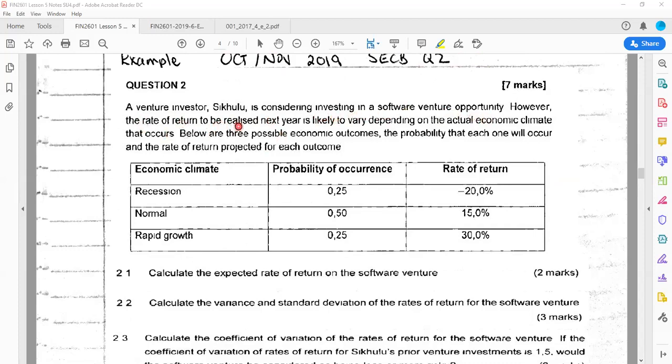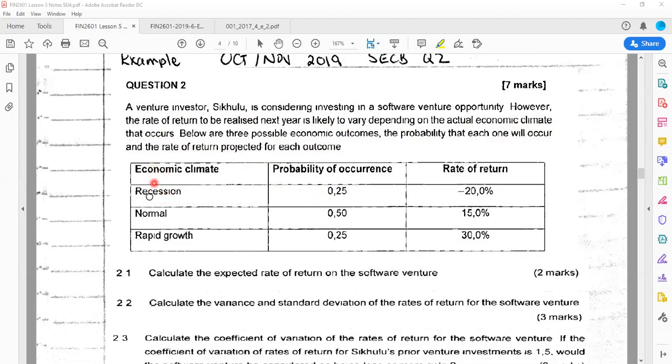However, the rate of return is to be realized next year. The rate of return to be realized next year is likely to vary depending on the actual economic climate that occurs. Below are possible economic outcomes, the probability that each one will occur, and the rates of return projected for each outcome. So we have a project that this investor wants to invest in.